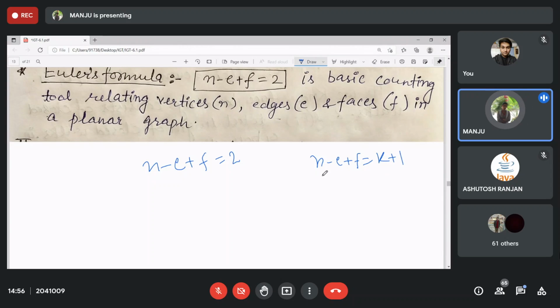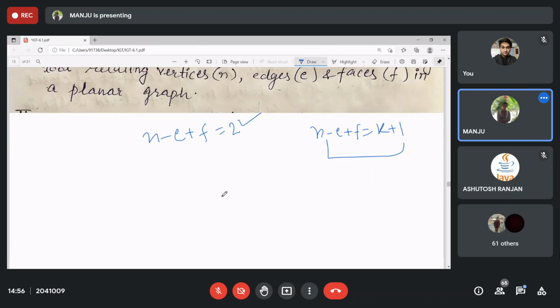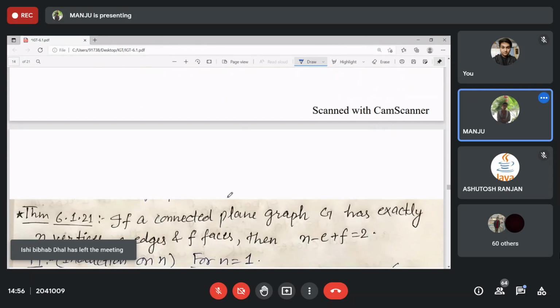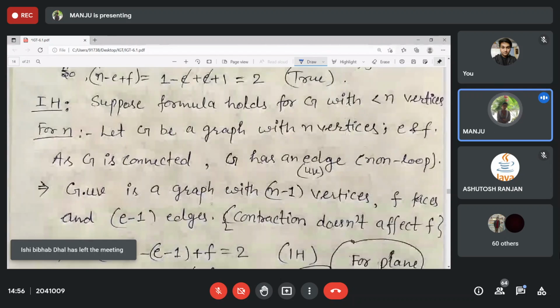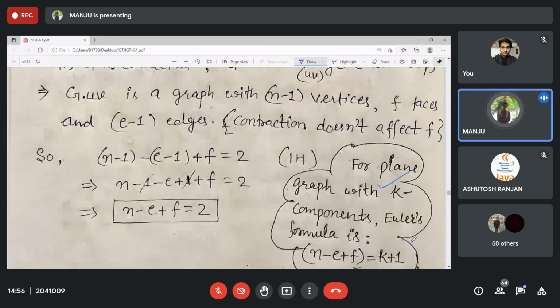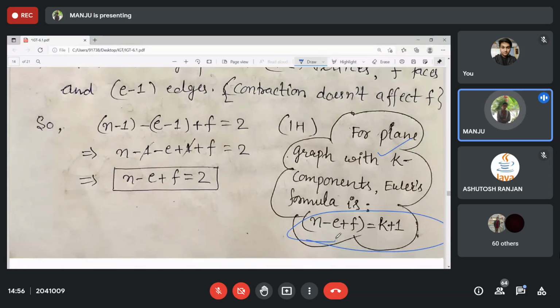Clear? So for a connected one, k is 1, that's why it is 2. Clear? This is known as Euler's formula. For a connected plane graph, this holds. For a disconnected one with k components, this formula holds.